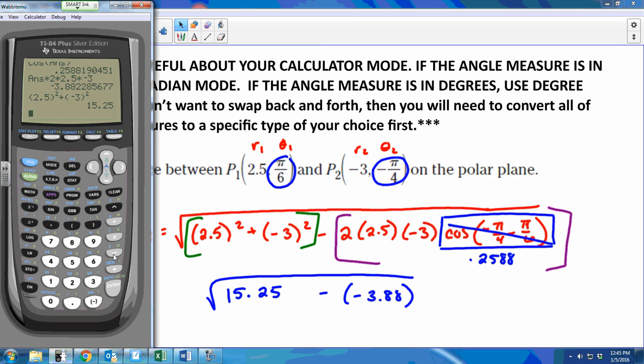So I have that minus the negative 3.88 I had from before. And then I gotta take the square root. So you have 4.37.